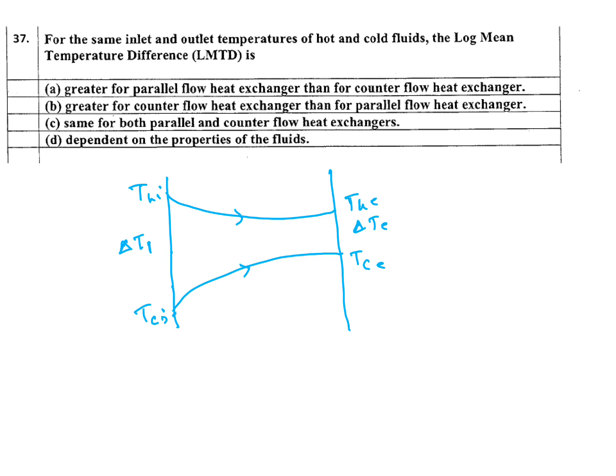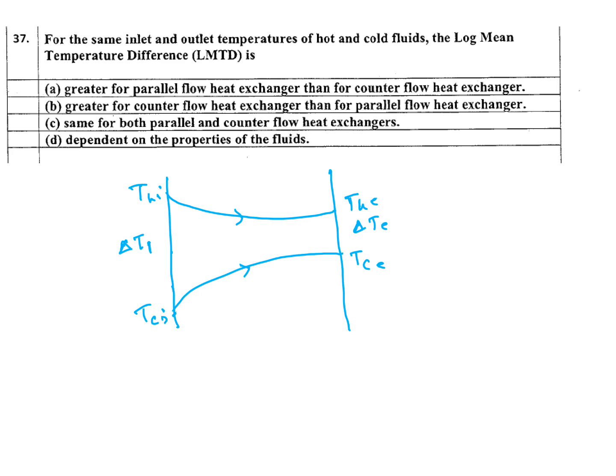Delta T1 is the hot fluid inlet temperature minus the cold fluid inlet temperature, and delta T2 is the hot fluid exit temperature minus the cold fluid exit temperature for parallel flow.